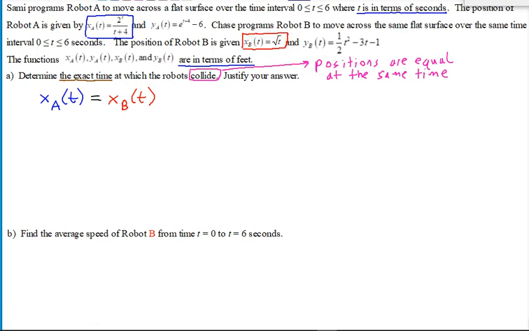Alright, so let's go ahead and see if we can figure out where those two are equal. Notice this is a graphing calculator problem. This one would be kind of tough to solve with exponential and the root in the same equation if you just try to set them equal to each other and solve by hand.